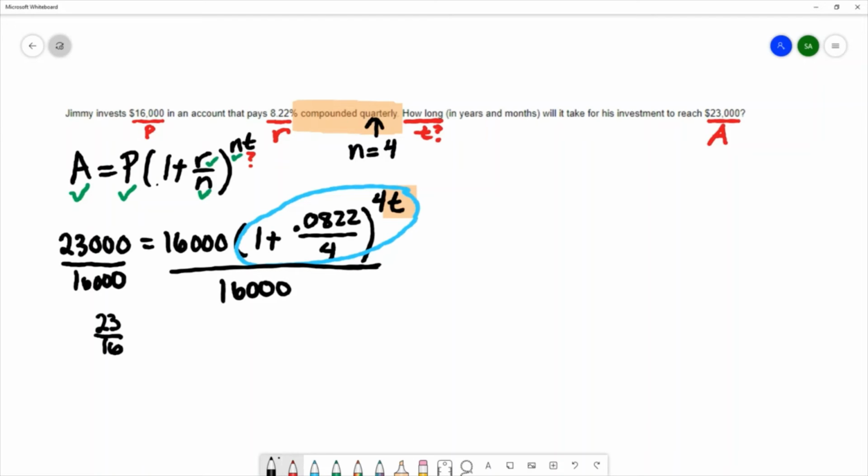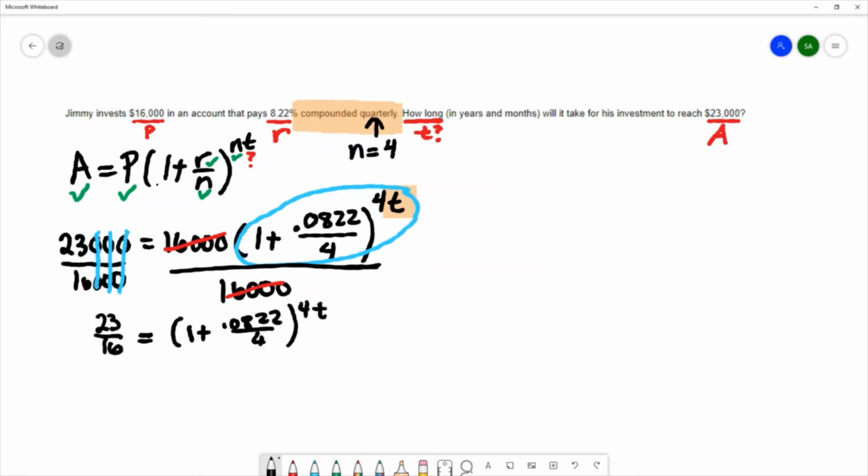Those three zeros will cancel out, canceling out a factor of 10, another factor of 10, and another factor of 10. On the right-hand side, those 16,000s cancel out. Excuse me, I said 1600, but that's actually 16,000. And I'm left on the right with 1 plus 0.0822 over 4 to the 4t.